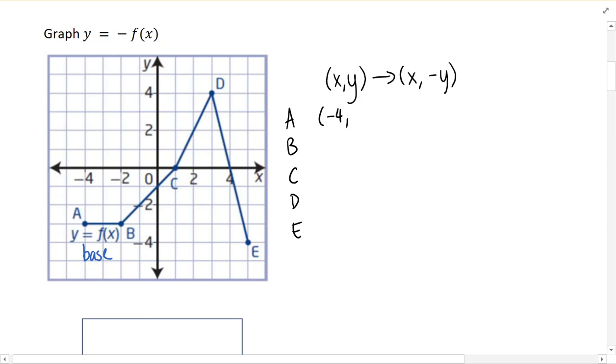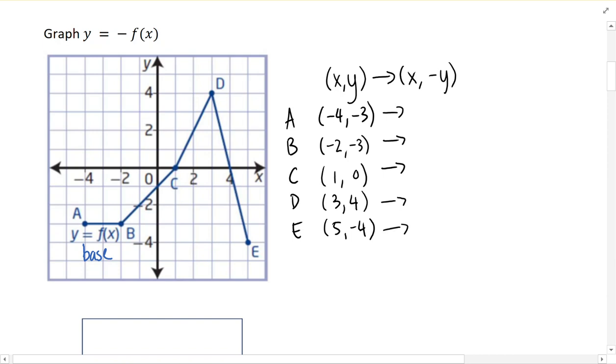There's (-4, -3), (-2, -3), then we have (1, 0), and then we have (3, 4) and (5, -4).